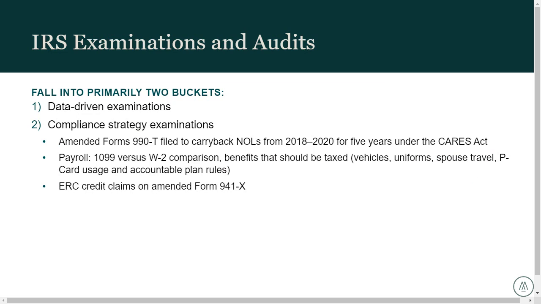IRS examinations continue to include the data-driven exams that they started several years back, which are identified through cross-referencing of multiple forms and sources to determine where non-compliance may exist. One recent example that the service executed was the monitoring for compliance on excise tax on executive compensation over $1 million under Section 4960.